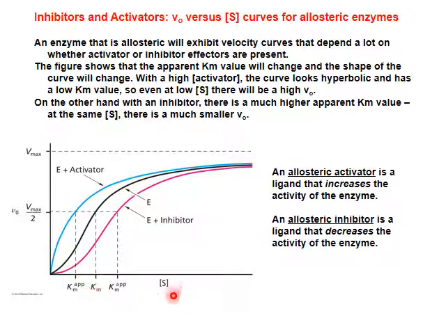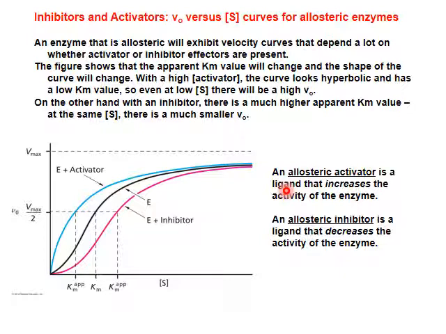If we have an activator, it may allow the enzyme to bind the substrate so efficiently that we lose its cooperativity altogether, and it's purely a hyperbolic function. So it's even more active. You're having less restriction on the enzyme's binding of substrate to be required to promote the reaction.